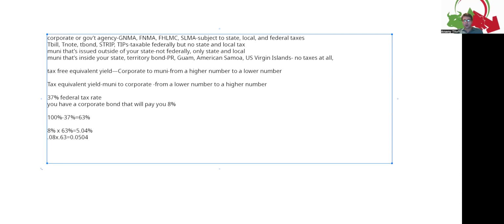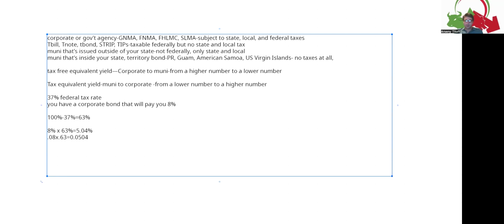Now the question is, what corporate bond rate would you need for it to be equivalent? That would be the tax equivalent yield, TEY.